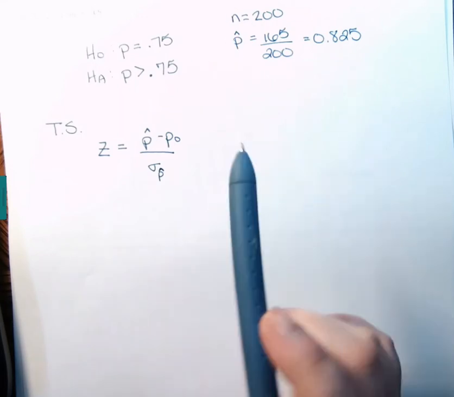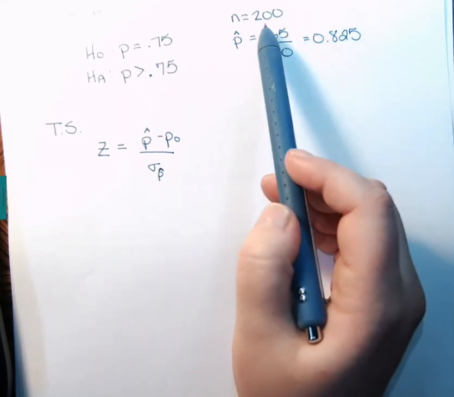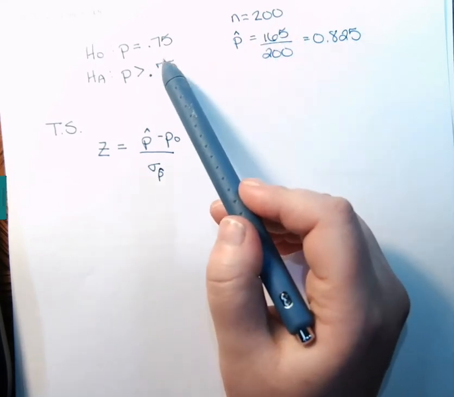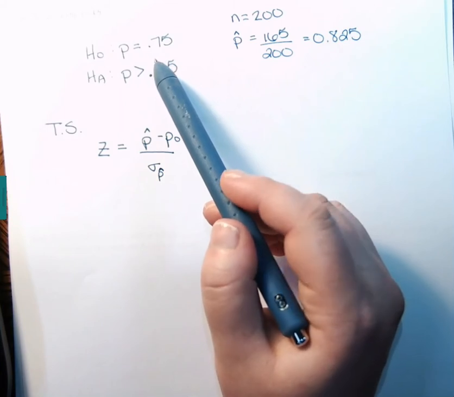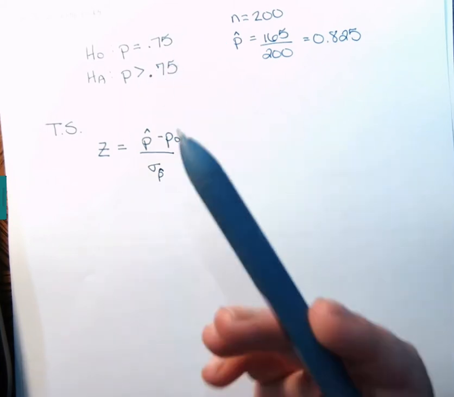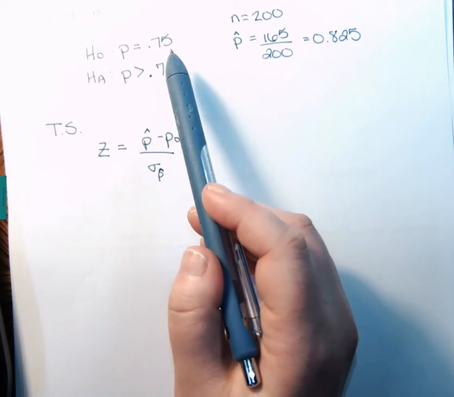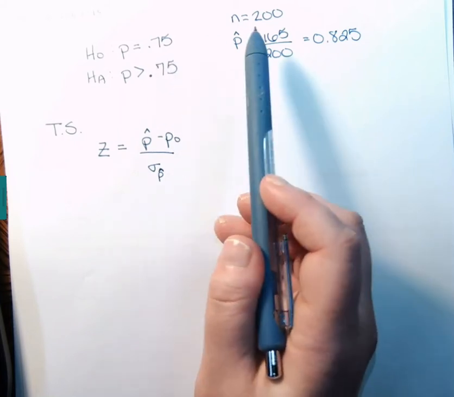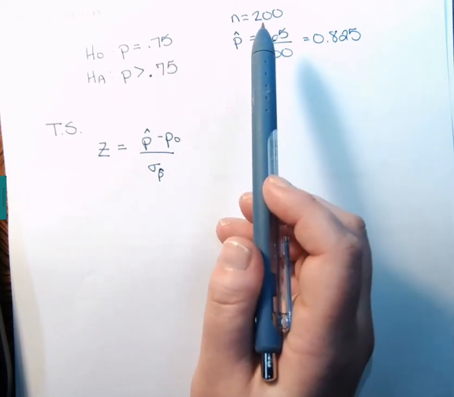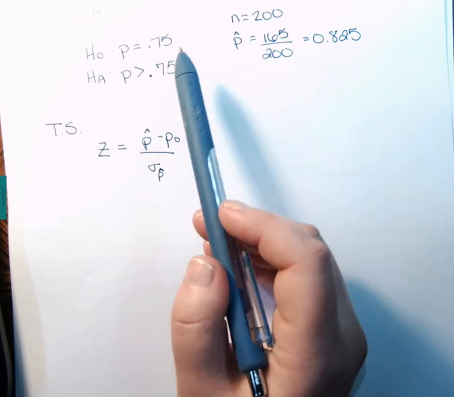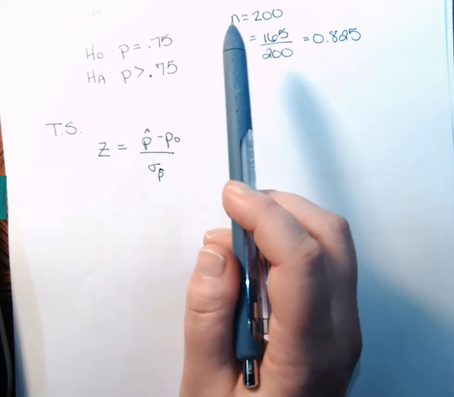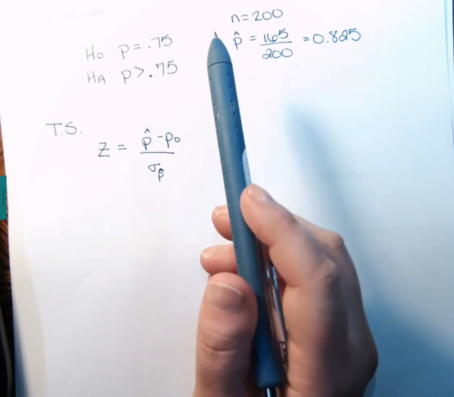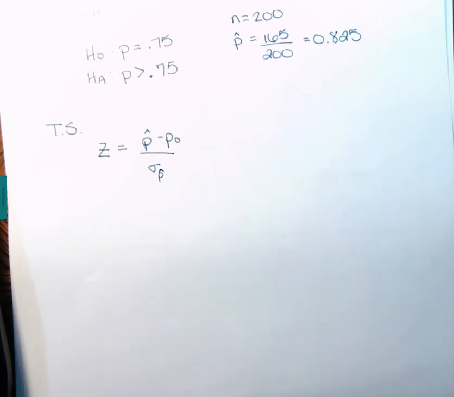So in other words, if we spoke to 200 people, assuming that p was equal to 0.75, is our sample size large enough? So assuming that p is equal to 0.75, if we take 0.75 times 200, that's going to give us 150. And 1 minus 0.75 times 200 is going to give us 50. Both of those values are large, and that is why the central limit theorem is going to apply here.